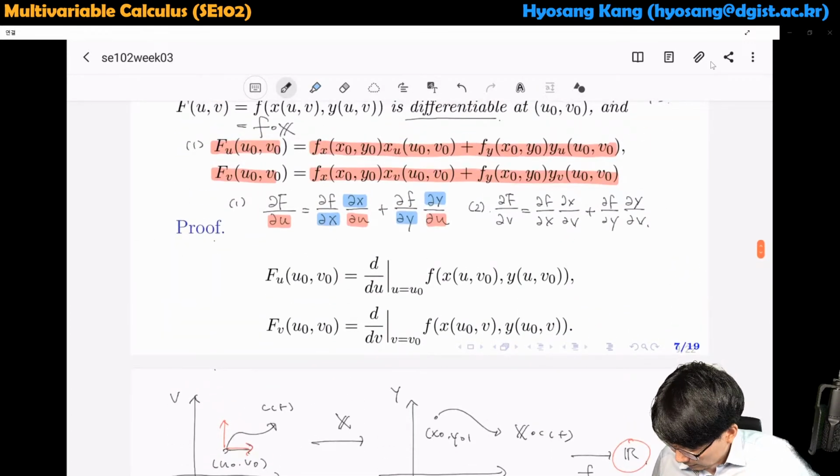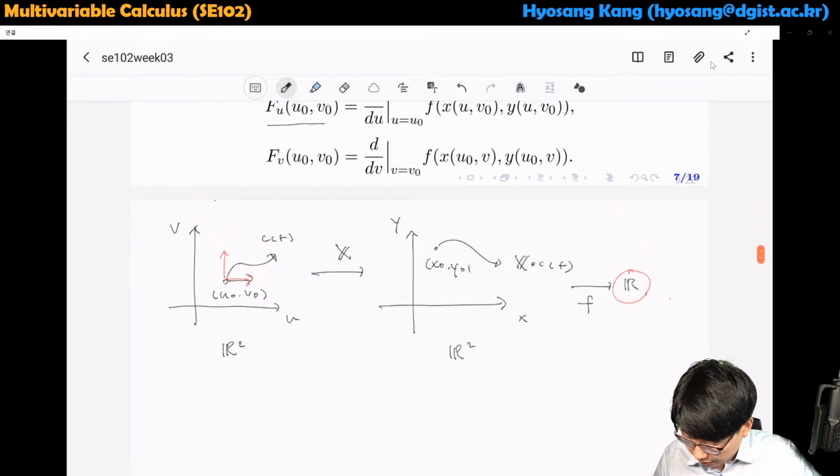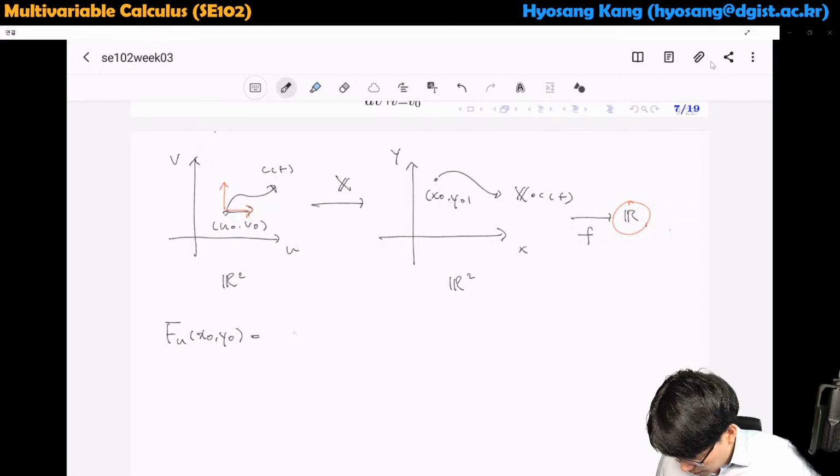All right, the proof is actually easy. You just look at each partial derivative separately. So trying to think about f_u. This is just the idea of a proof, not the entire proof; let me give an entire proof here. So f_u at (x0, y0) is simply a partial derivative in terms of u.